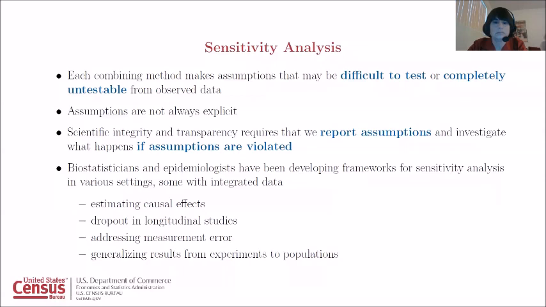We think that integrity and transparency requires that we report assumptions and that we evaluate these assumptions as carefully as we can. That may include investigating what happens if the assumptions are violated. And that's especially important if these assumptions cannot be tested. We want to see how sensitive the results are to a range of plausible assumptions that could be made.